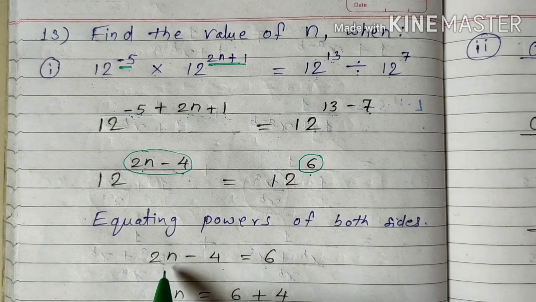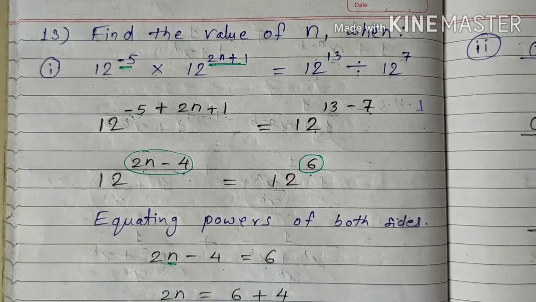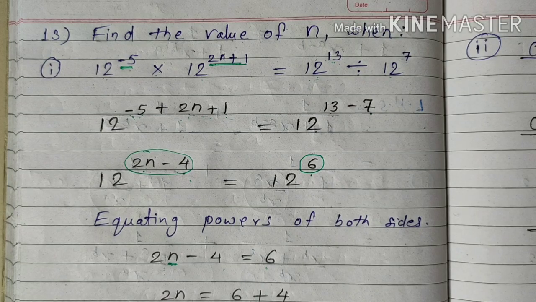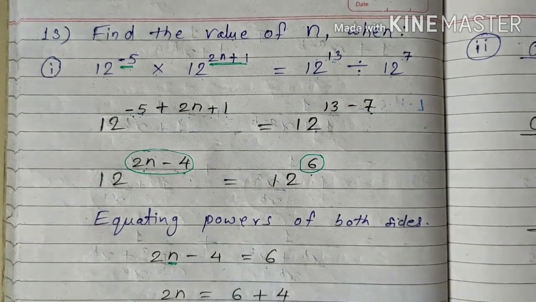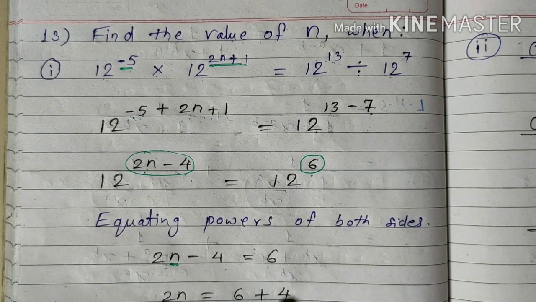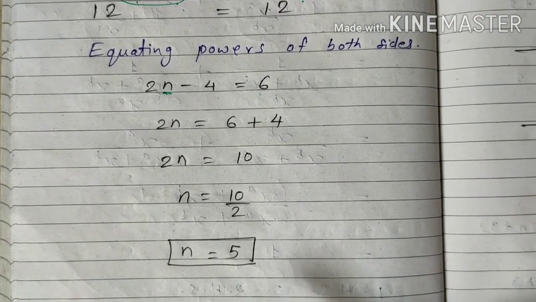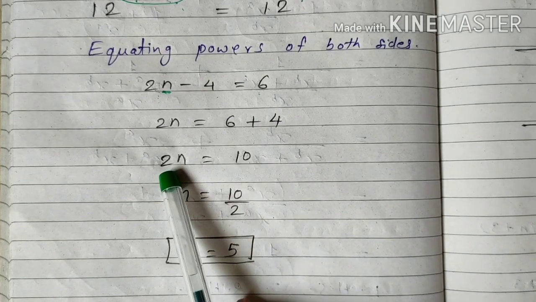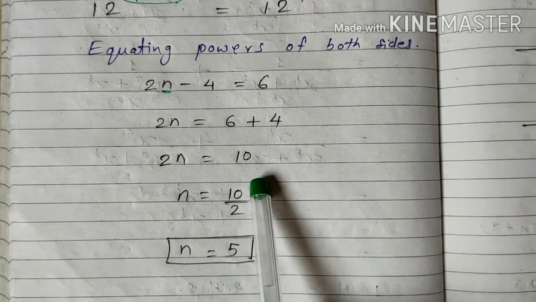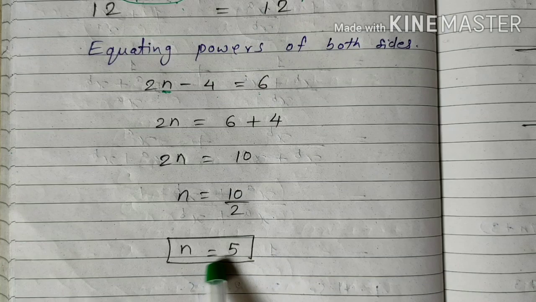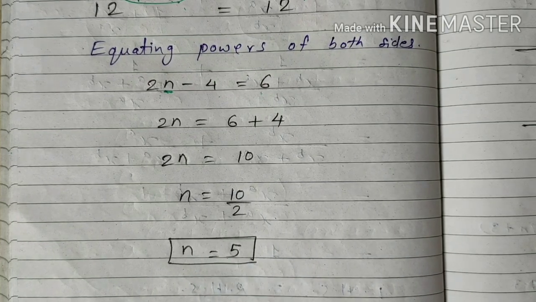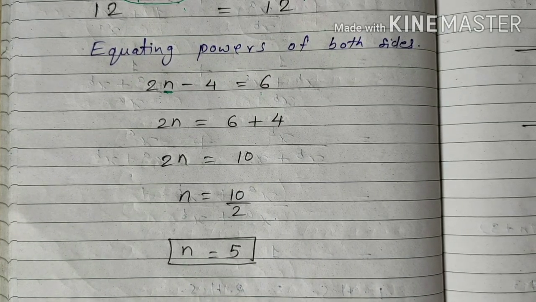To find the value of n, shift all the numbers to the other side. Minus 4 going that side will become plus 4. 6 plus 4 is 10. 2 is in multiplication, shifting that side it goes for division. 10 upon 2. So the value of n is 5. It will be the final answer.